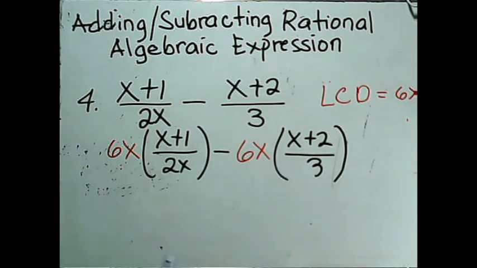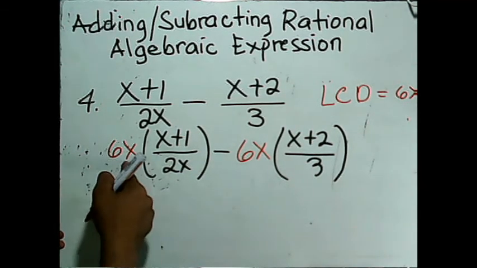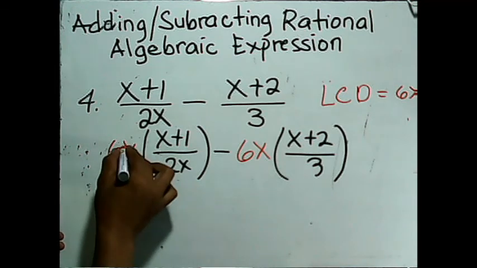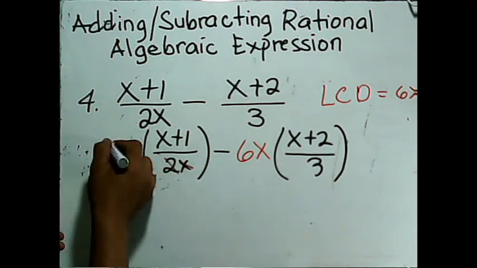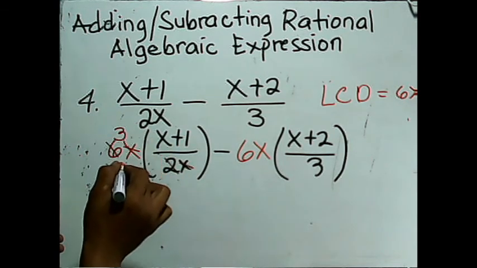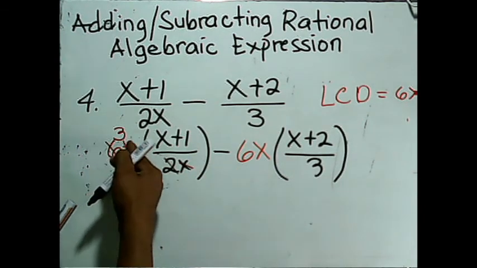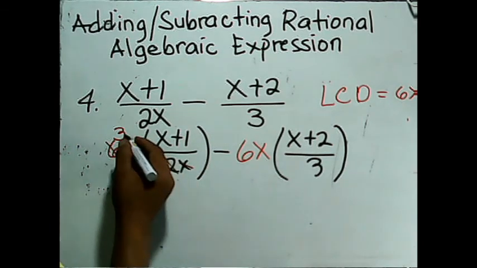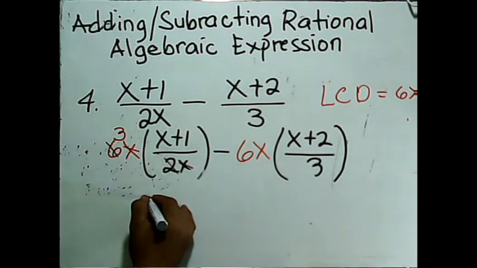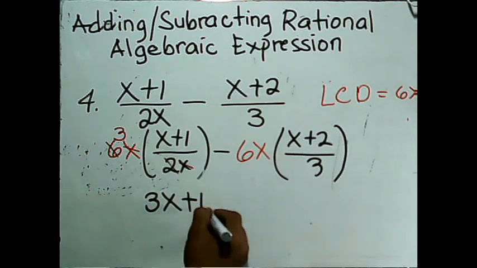Then we divide 6x by 2x. So x and x cancelled. 6 divided by 2 is 3. So we multiply 3 times x plus 1. So 3 times x is 3x, and then 3 times 1 is 3.